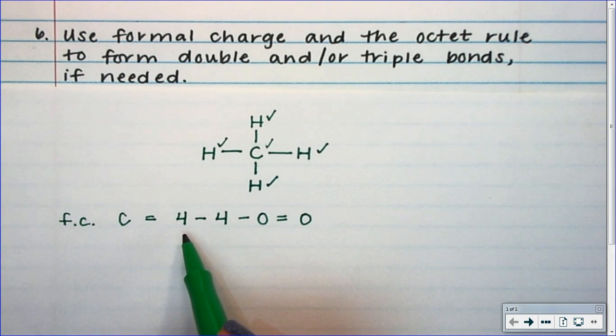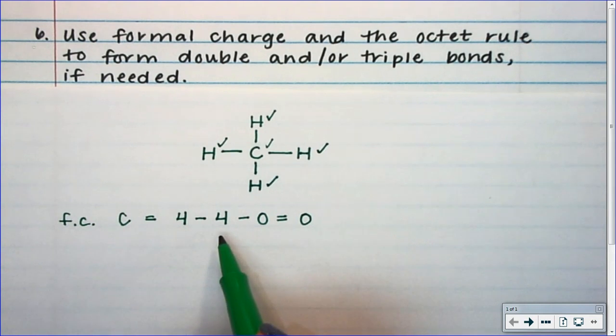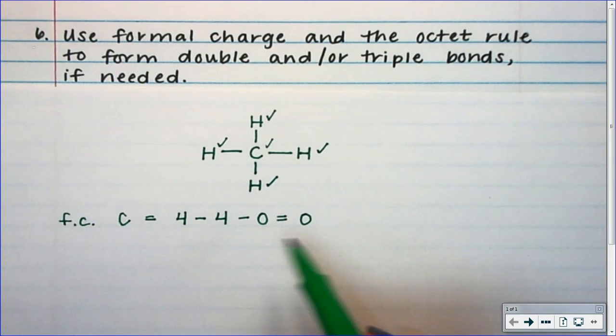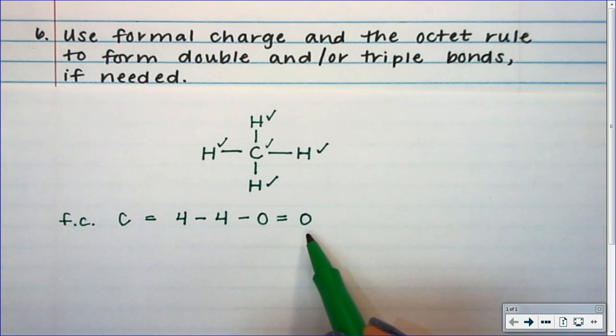It has 4 bonds to it, so we subtract 1 for each one of those 4 bonds. And carbon has no electrons that are not within a bond, so 0 essentially. If we do the math, 4 minus 4 minus 0 is 0. So carbon has no charge here.